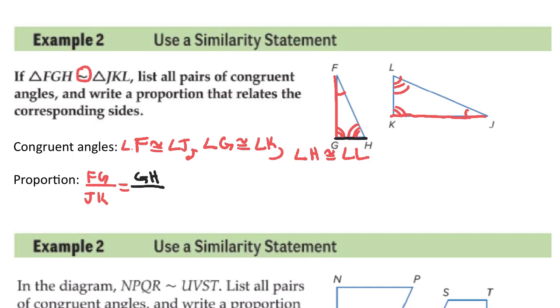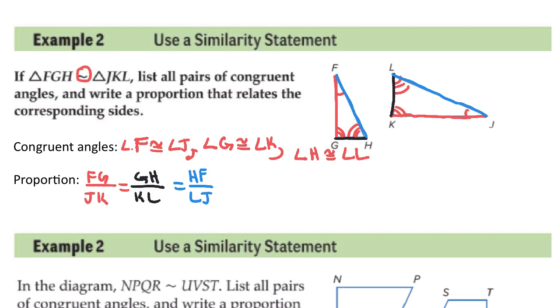It went from double tick to triple tick. So let's go from double tick to triple tick. That's KL. All right. And then lastly, we go from H to F. And that was from triple to single. So we're going to go from triple to single. LJ. See how following the angles will help us set up the ratios perfectly? Good.